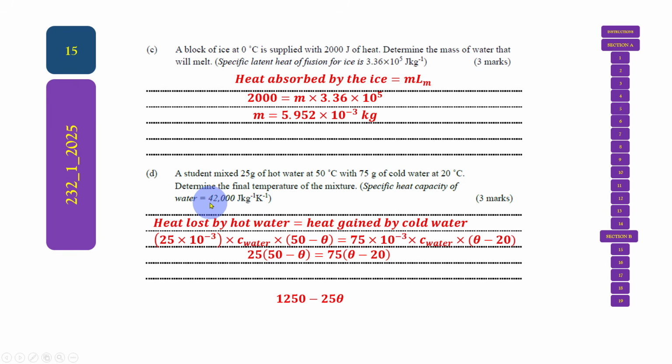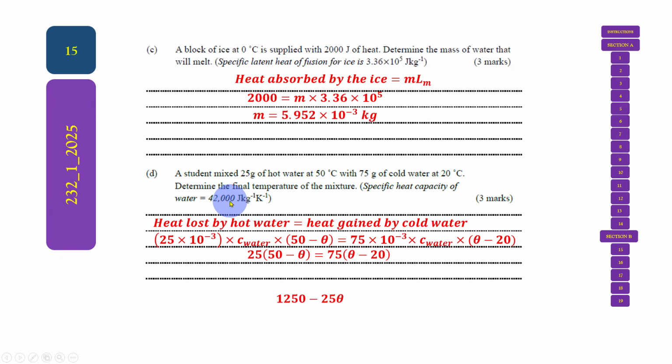But even if you were to use that value, you will get the same answer as the person who used the correct value of the specific capacity, because specific capacity cancels out from both sides of the equation.